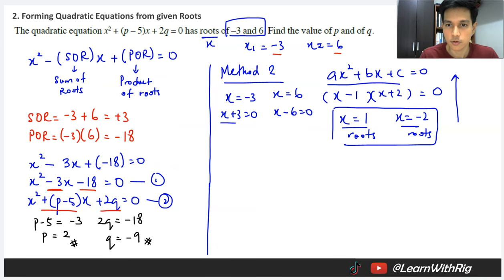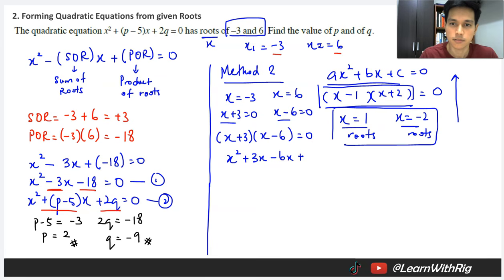So now you already formed your two brackets like this, right? Similar to this. Okay, so you're going to put them together. So (x plus 3)(x minus 6) equals 0. Now you can expand. So you get x squared plus 3x minus 6x minus 18 equals 0.